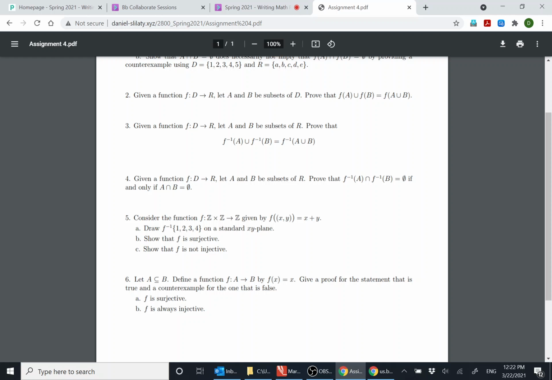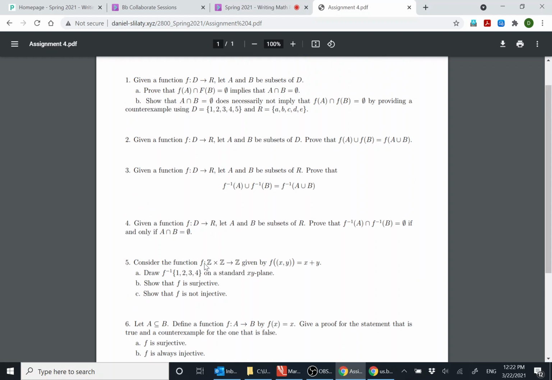Anything? Questions? And like last time, if you write something down and you're not sure if it's sufficient or correct, you can always send me an email, and I will take a look at it for you. Okay.